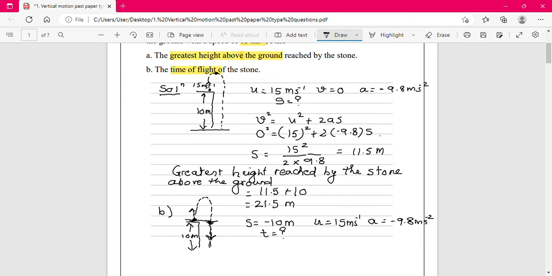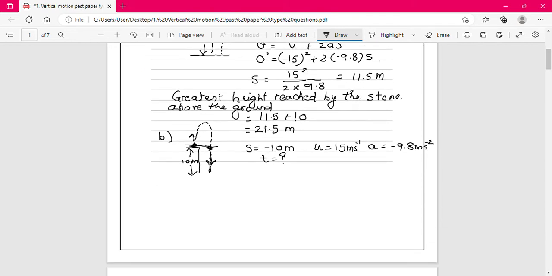So which is the equation that we can use here? S is equal to, yes, tell me, S is equal to ut plus half at square, correct.